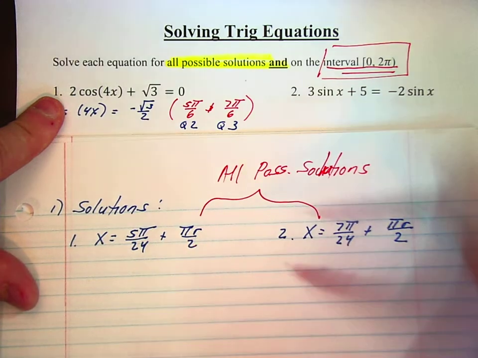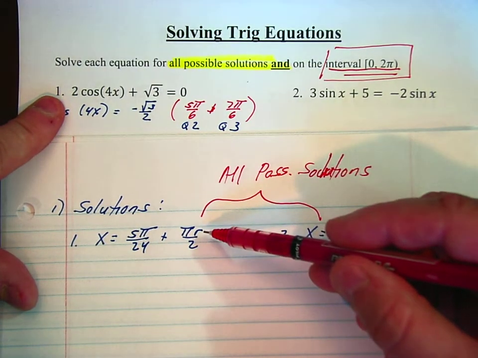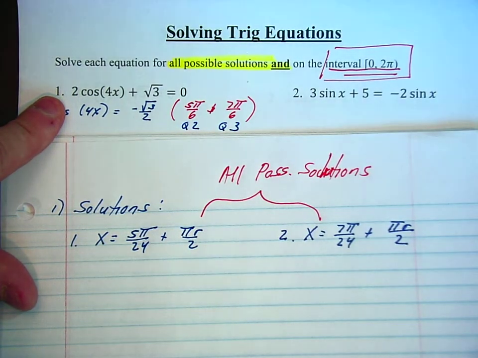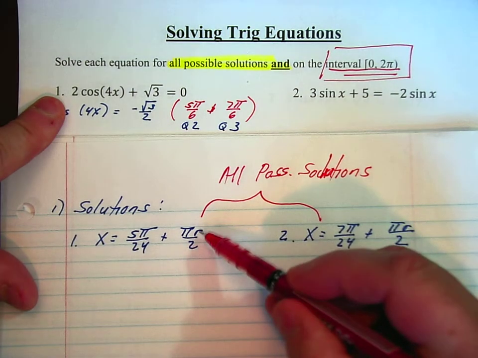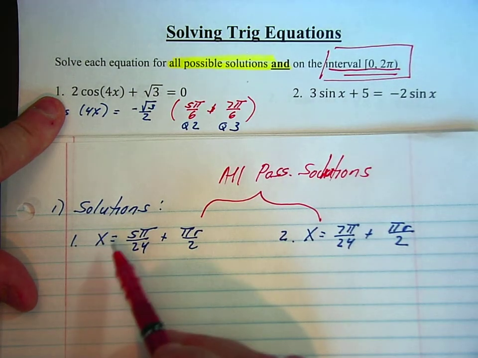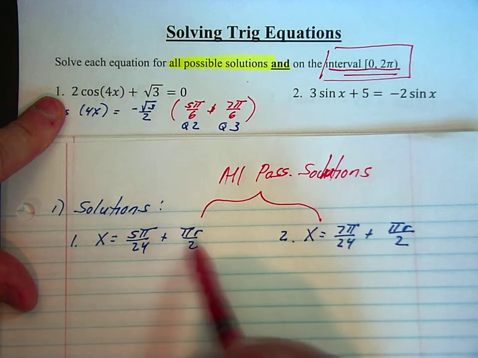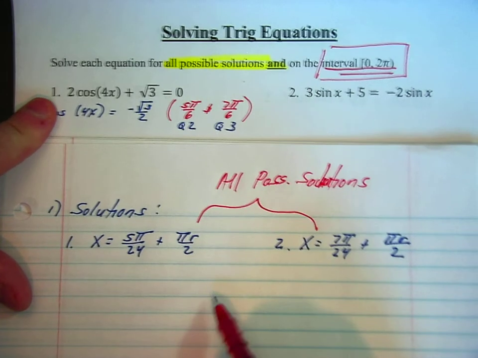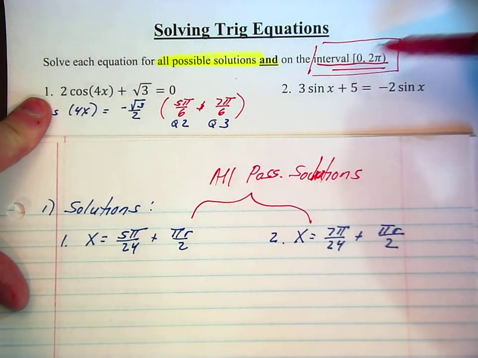Remember what r stands for. R stands for rotations, which means if I put in 1 rotation, 2 rotations, 3 rotations, I'll actually get answers for x. This is an infinite amount. I want a finite number of answers. I want just the ones that fall between 0 and 2 pi. So that's what we're going to be doing.